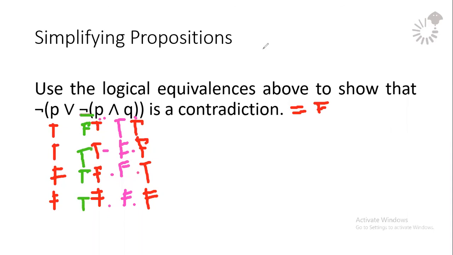Tapos, or natin with P. True or false is true. False or true is true. True or true is true. False or true is true. Anything with true is true. Tapos, last is negate natin this one. So, not true, this will be false. Not true, this will be false. Not true, this will be false.